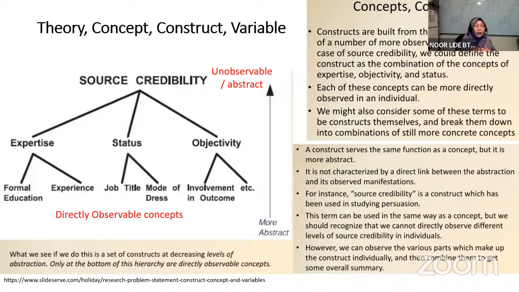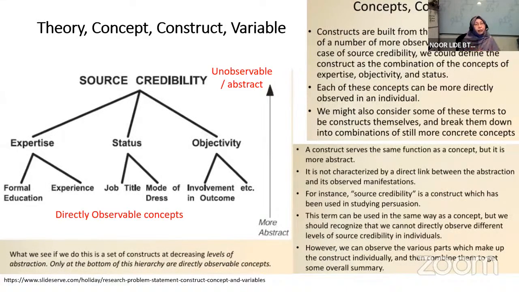So what happens is that we use the word variable to represent all of these things. Someone can say that source credibility is a variable that you want to study. You can say that expertise is another variable, status is another variable, objectivity is another variable, and all these things are the indicators. This is why I think sometimes students get confused, because we use the terms concept, construct, and variable interchangeably.